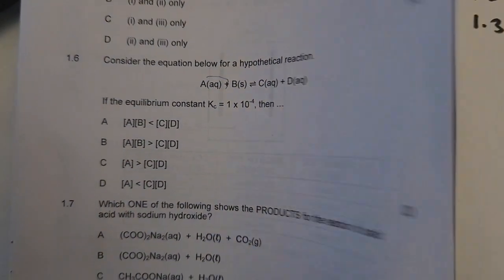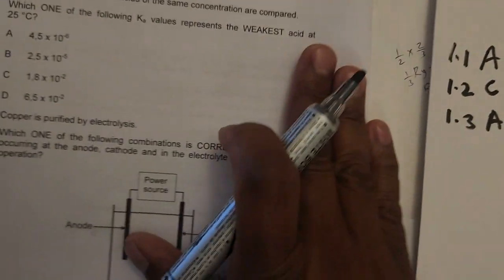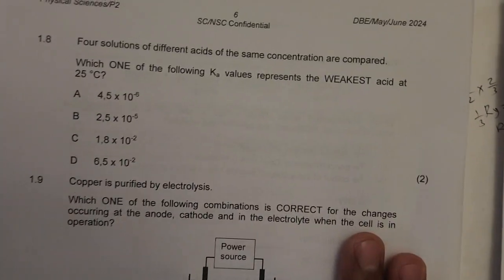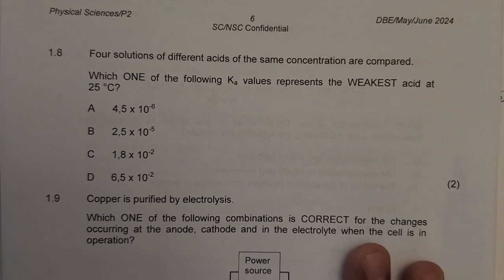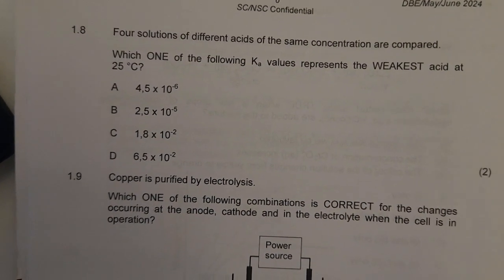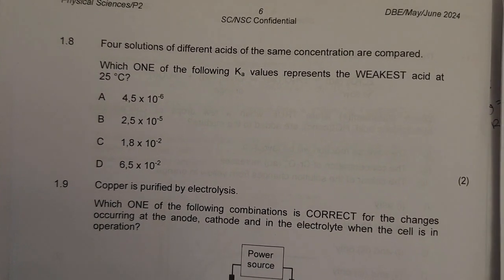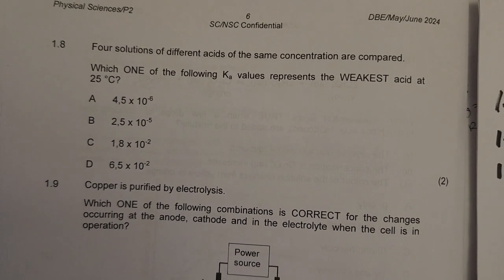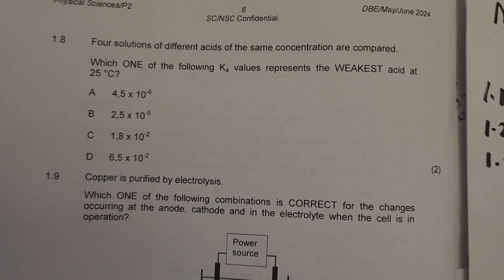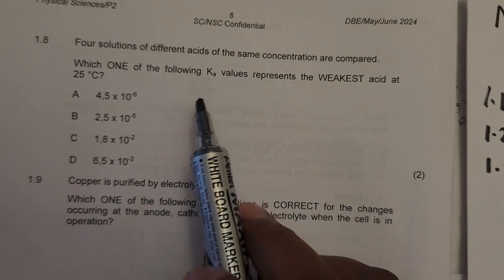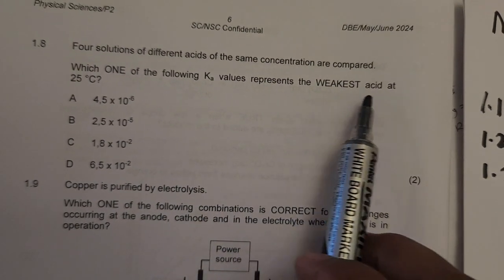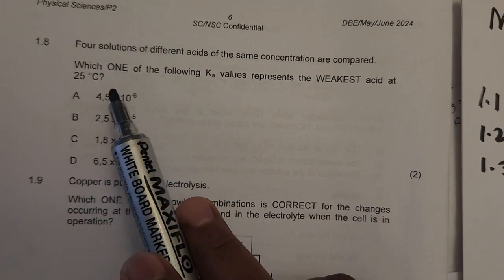Now moving to the last 3 questions in this very good question paper so far. 4 solutions of different acids of the same concentration are compared. Which one of the following Ka value represent the weakest acid at 25 degrees Celsius?